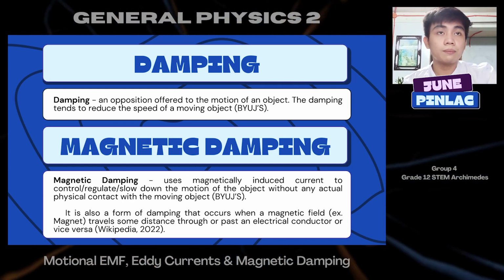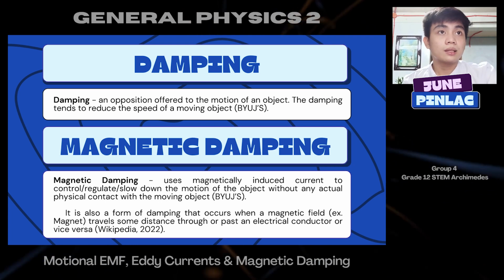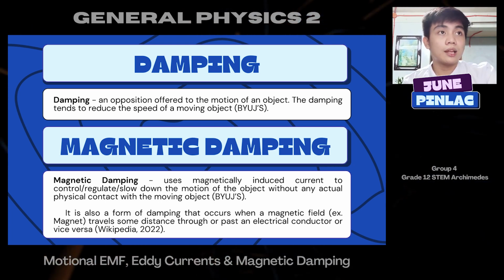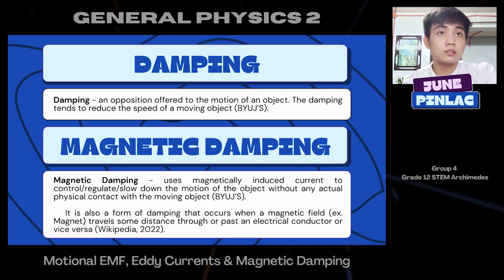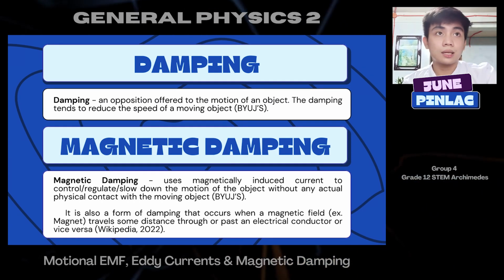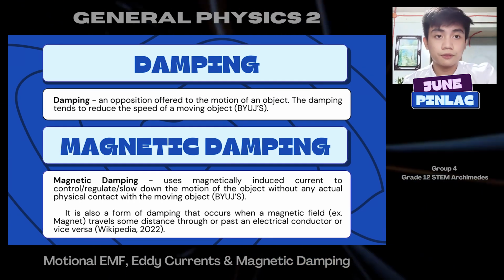Nangyayari ito kapag walang pagdikit na nagpapaliit ng paggalaw at nag-spread ng energy. Ito ay isang form ng damping na nangyayari kapag ang magnetic field or for example magnet nagta-travels into the distance, papasok or palabas sa electrical conductors or vice versa.